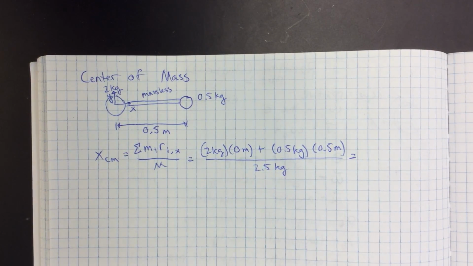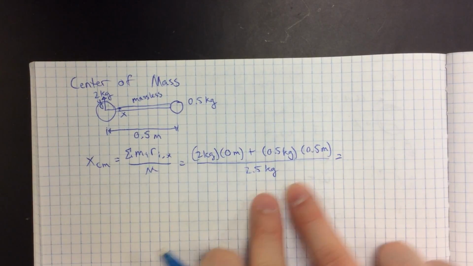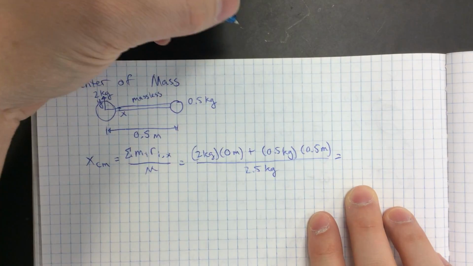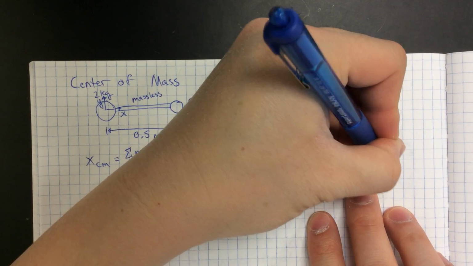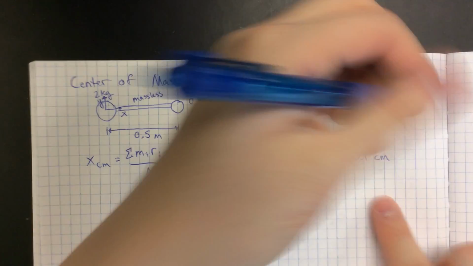It's essentially a weighted average. You're going to get 0.25 divided by 2.5, or it's about 0.1 centimeters. Or sorry, meters.